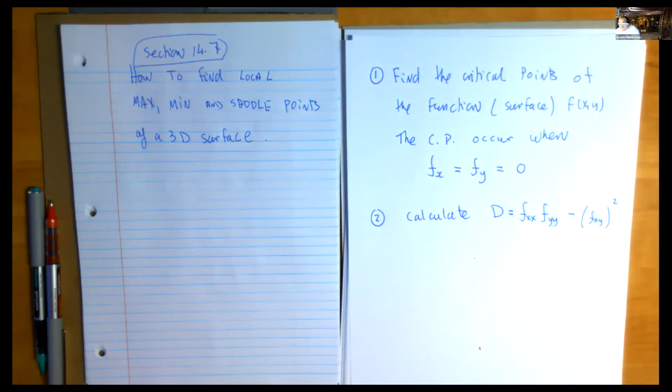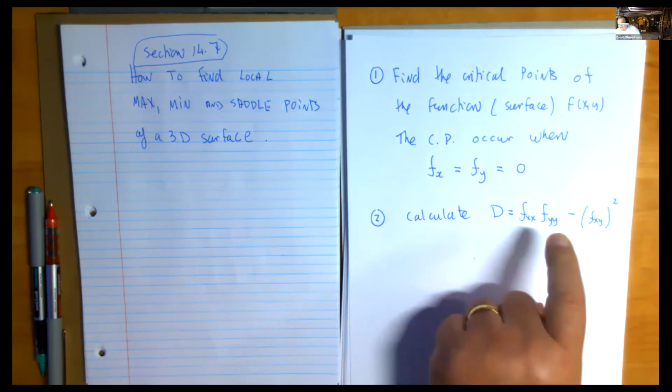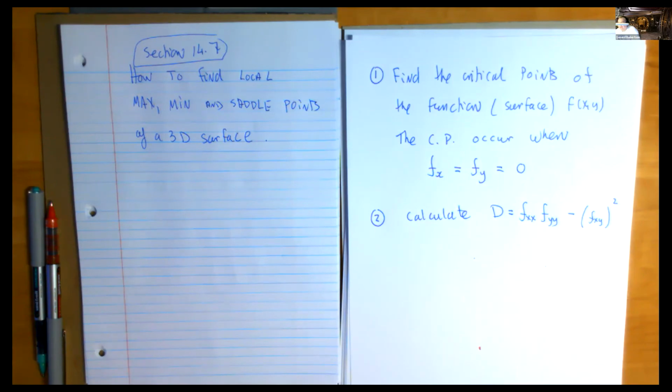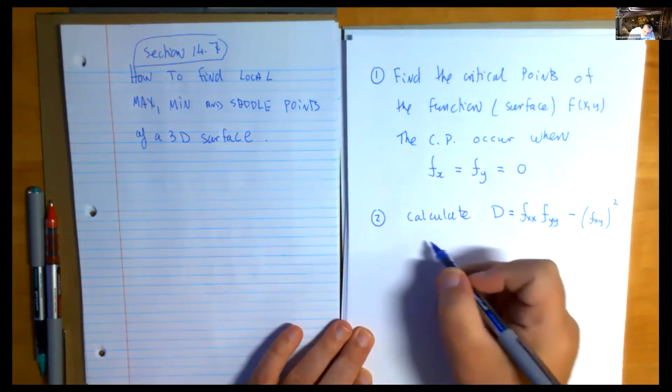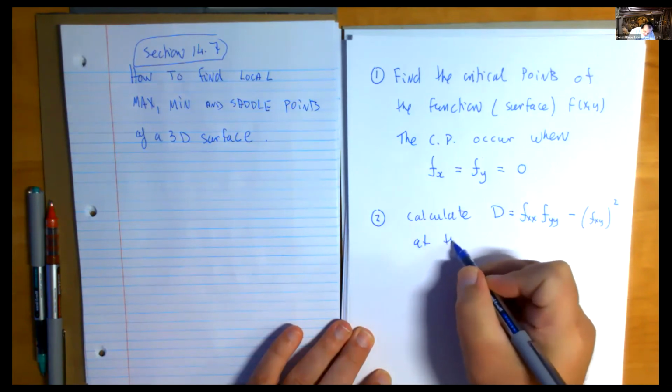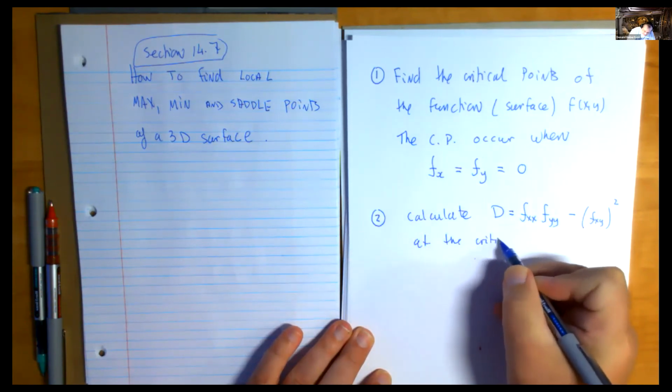And it's just magic. We just tell you that's how you get d. If you're interested, it comes from the determinant of a 2x2 Jacobian. And if you're not interested, it's magic, and this is d. So you calculate this at the critical points.